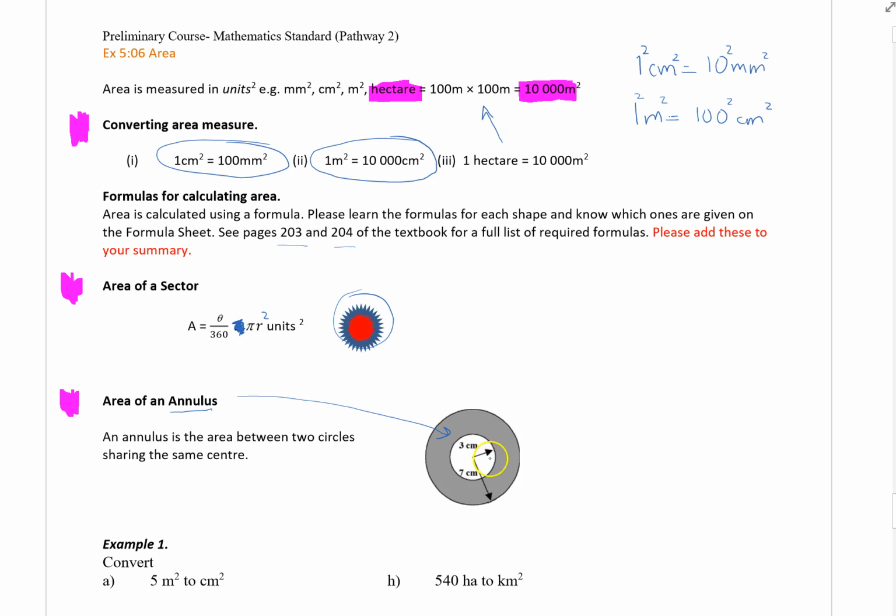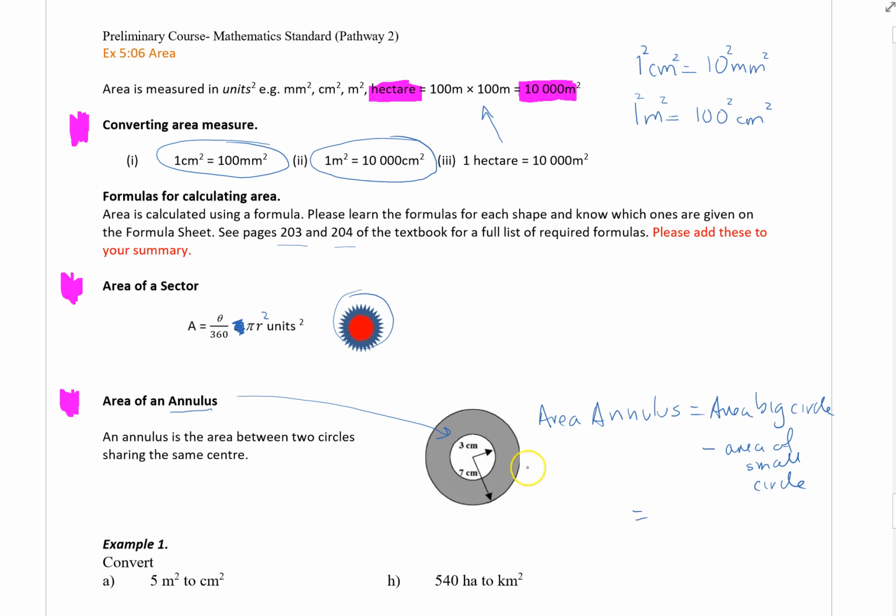So it's a big circle with a little circle taken out of the middle. And to get the area of the annulus, we take the area of the big circle and we subtract the area of the small circle.